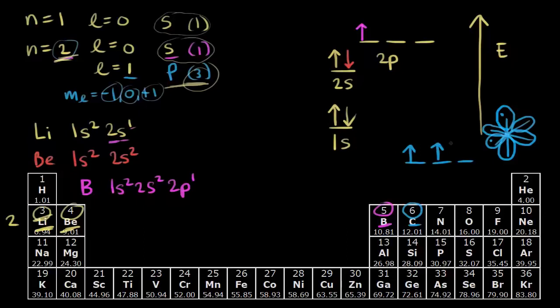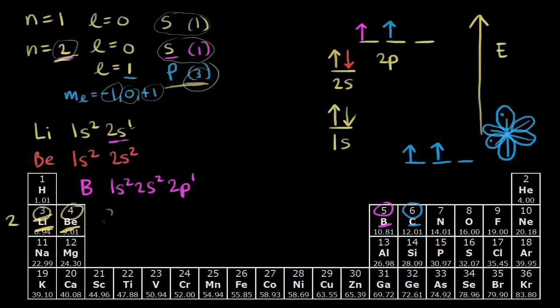And it turns out that keeping the spins parallel helps to minimize the electron repulsion for pretty complicated reasons, and I think they might still be doing research on this. So we put the electron in a different orbital, and we keep the spins parallel, which helps to lower the energy for the atom here. And so that's where we're going to put carbon's 6th electron. We're going to put it into a different p orbital, and keep the spins parallel like that.